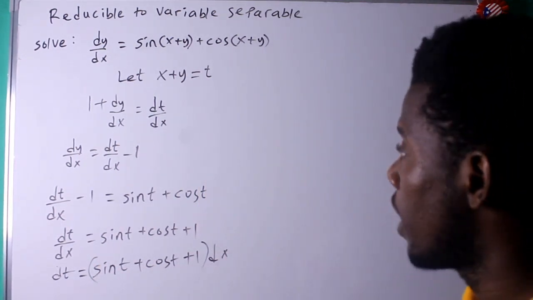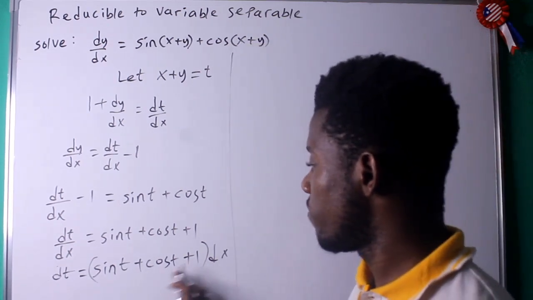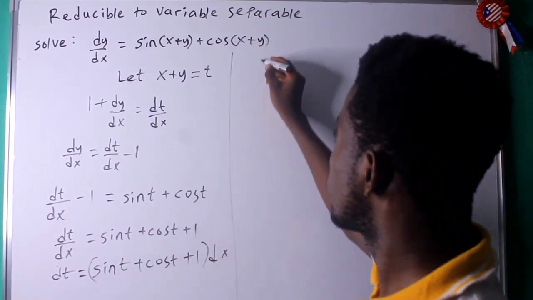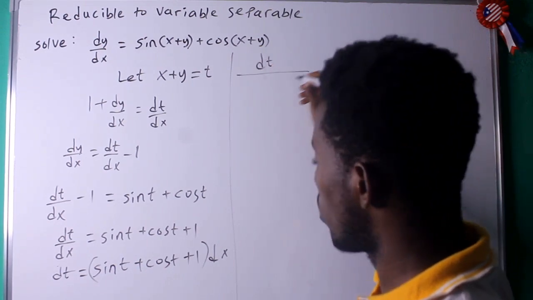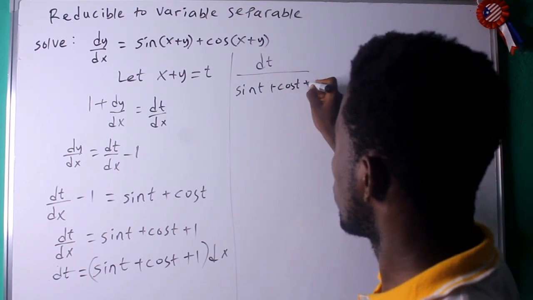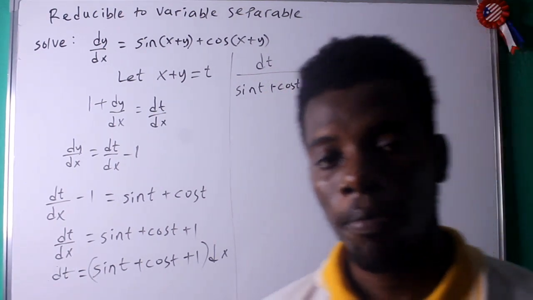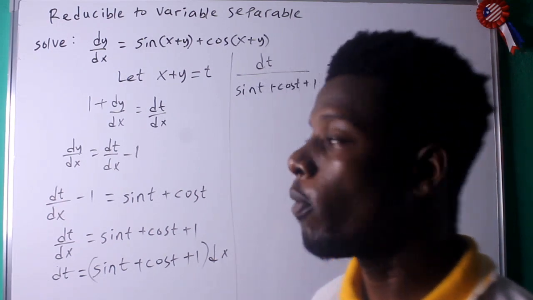And then once we've achieved that, we can separate variables. So we divide both sides by this. We have dt over sin t plus cos t plus 1 equal to dx. Great. And as soon as we do that, we can integrate both sides.